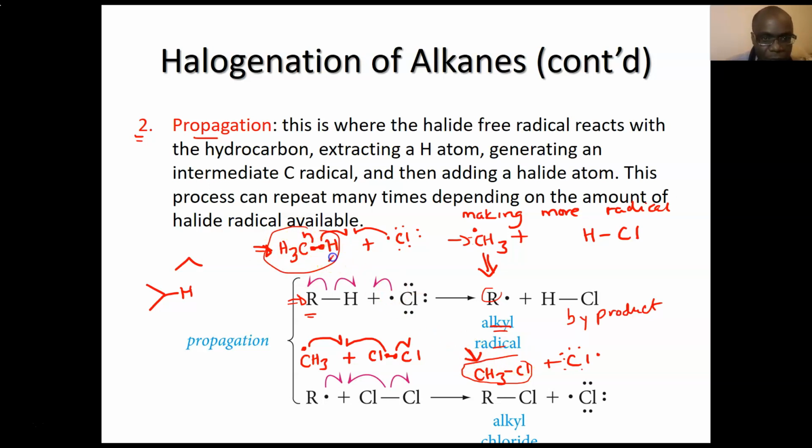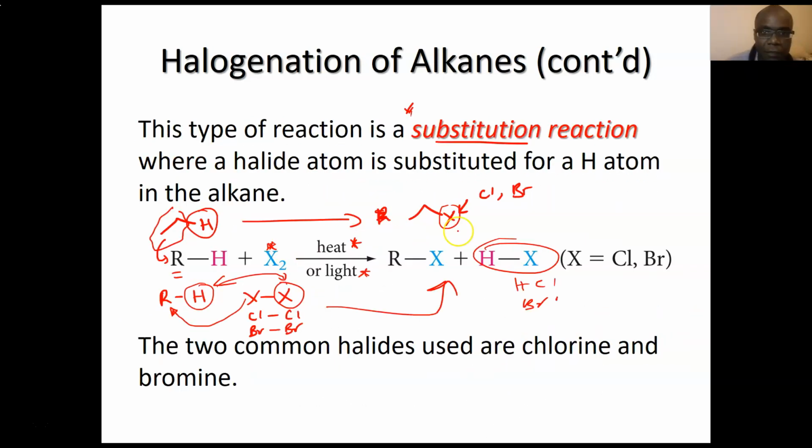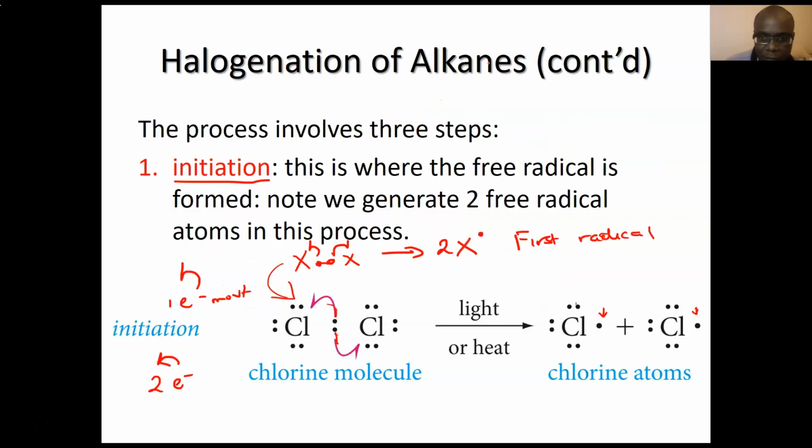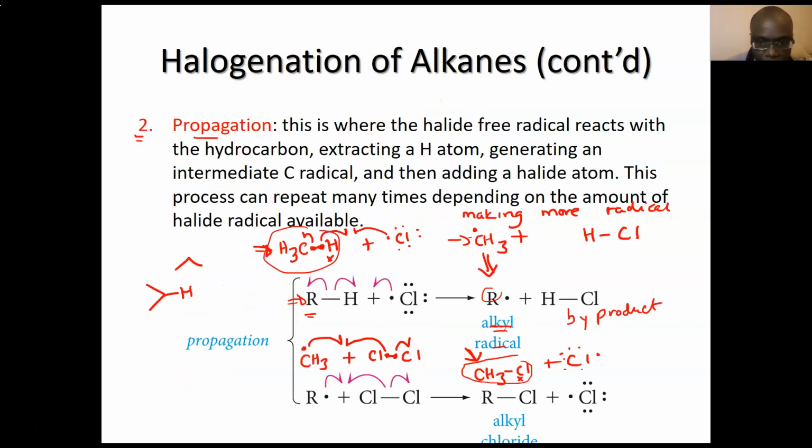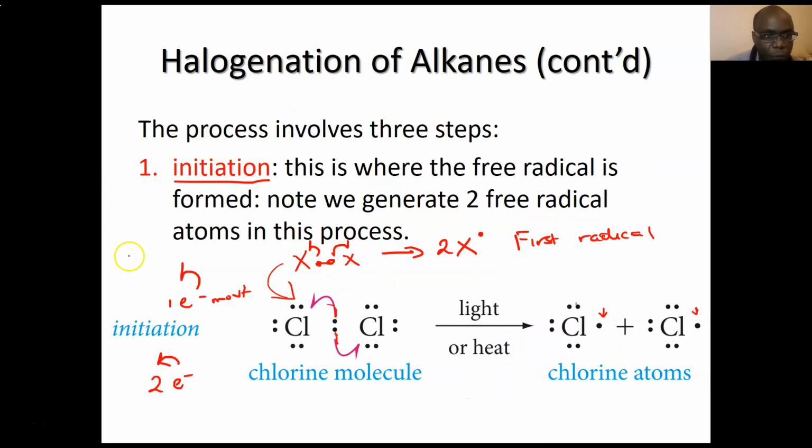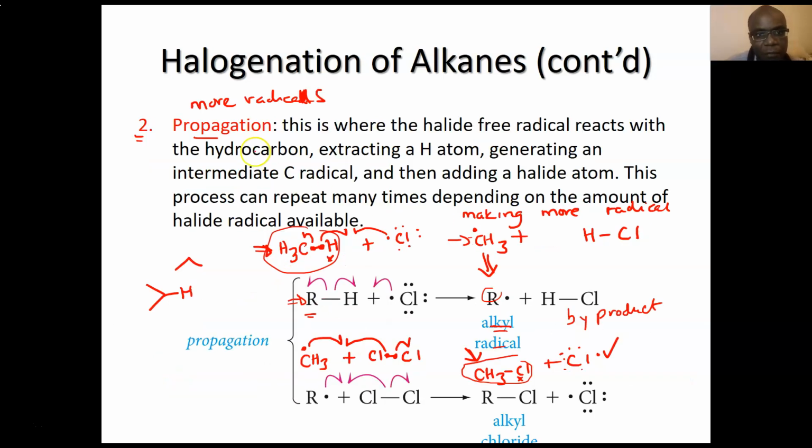Notice that you substituted your H with a Cl. That's why we said the radical mechanism is a substitution reaction. You formed another new radical. The characteristic of propagation is forming more radicals. The characteristic of initiation is making the first radical from your halogen. Propagation, you're making more radicals.